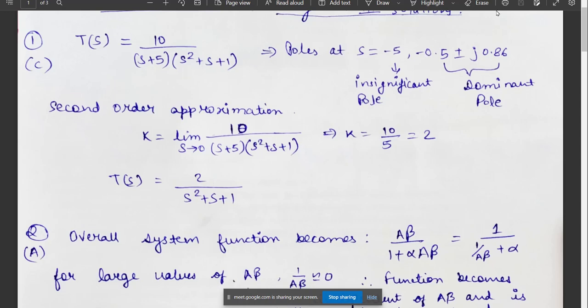So here we got k, which is 2, divided by the dominant pole term. This is how we get the second order approximation. Do you have any doubt? No, ma'am. Anyone else? Any doubt?